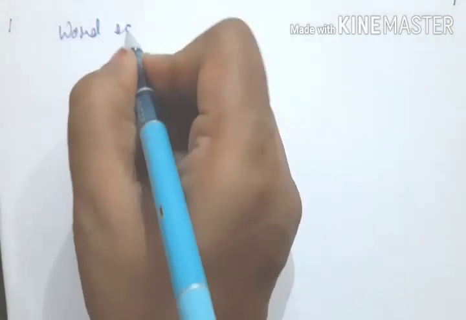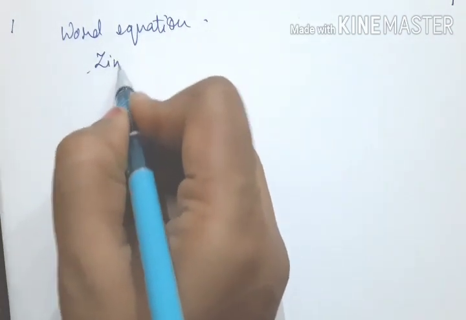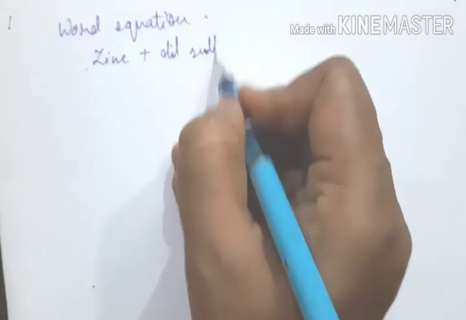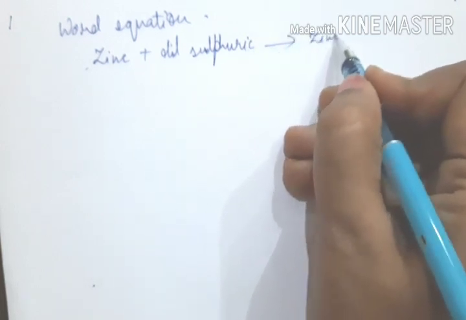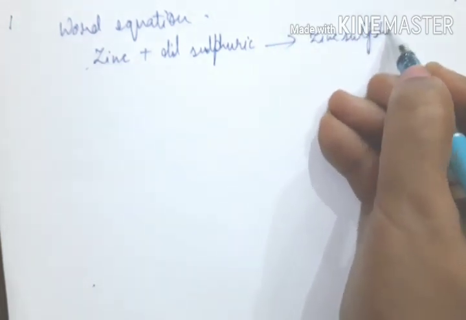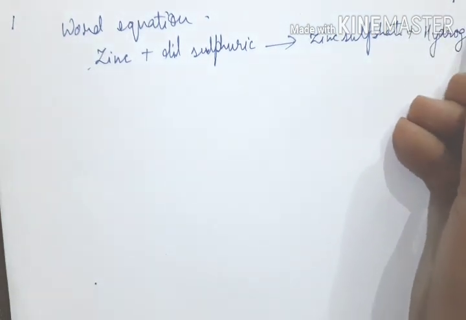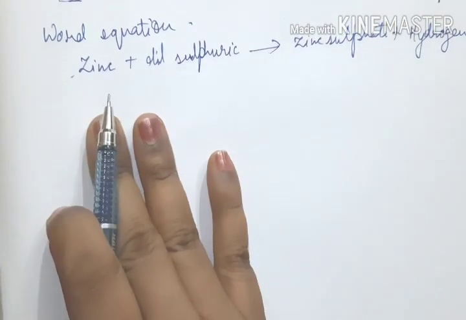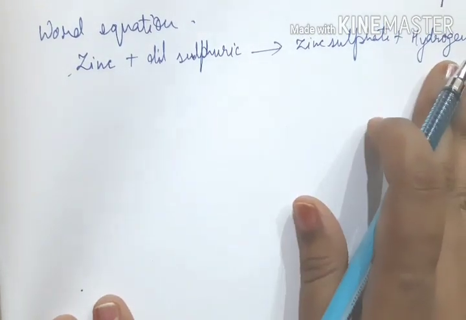First, we write down the word equation for the chemical reaction. So what are the reactants? Zinc plus dilute sulfuric acid react to give you products, zinc sulfate and hydrogen.